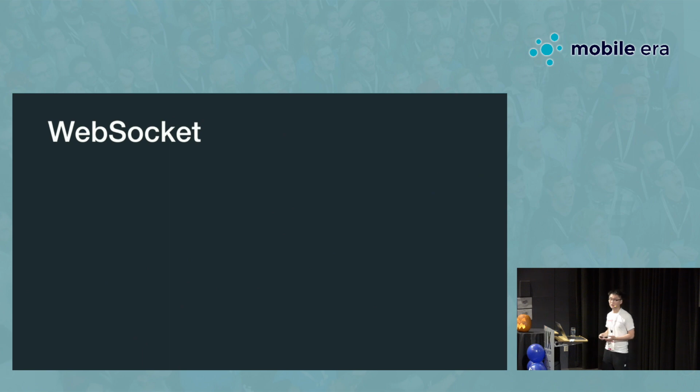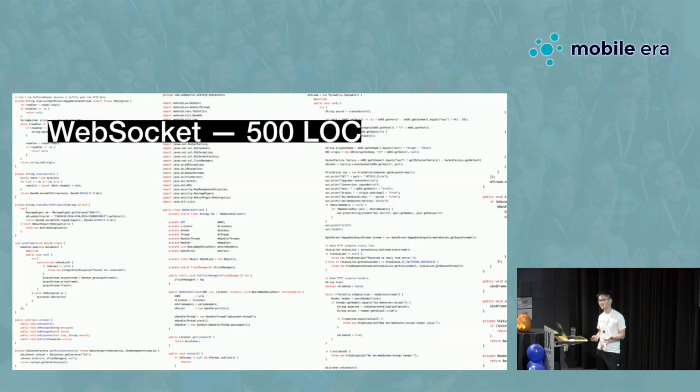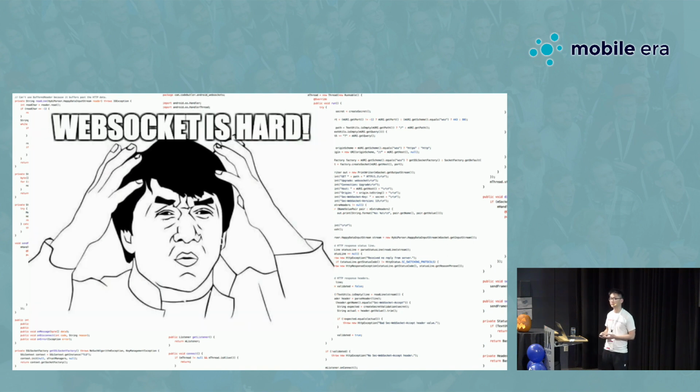WebSocket should also be easy, right? But it's not. It takes 500 lines of code just to set up the WebSocket connection. This is because the existing WebSocket libraries are low level and verbose. So WebSocket is not easy to set up because you have to write a lot of boilerplate code.